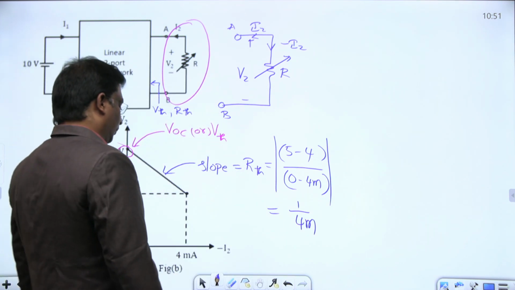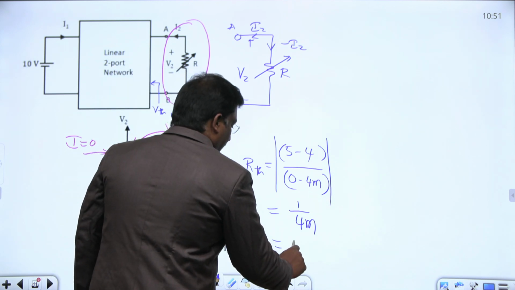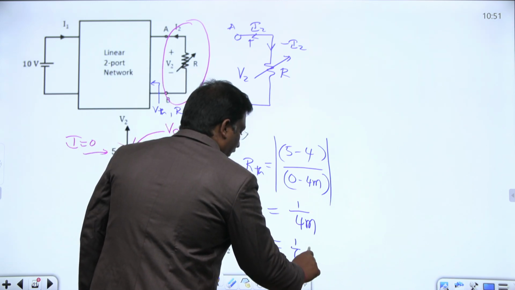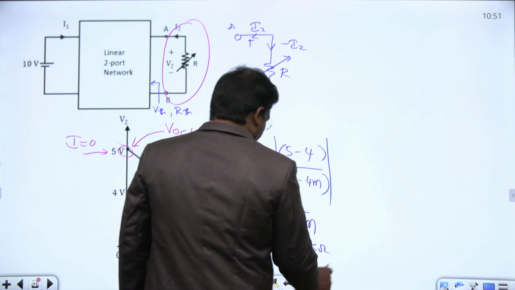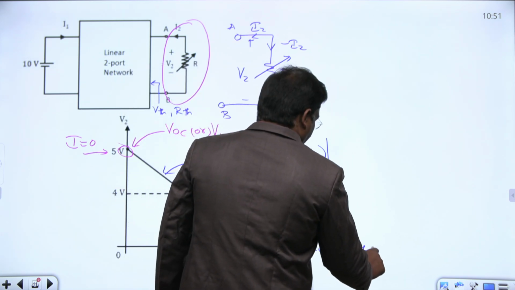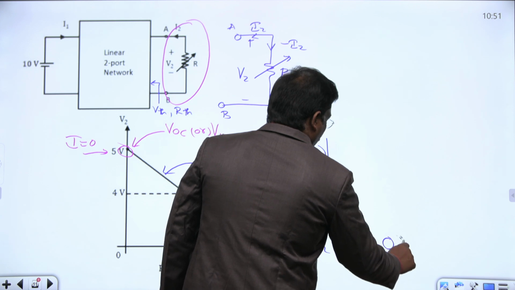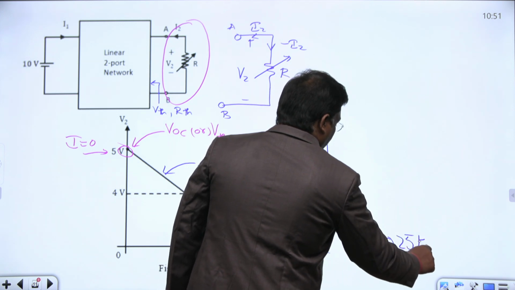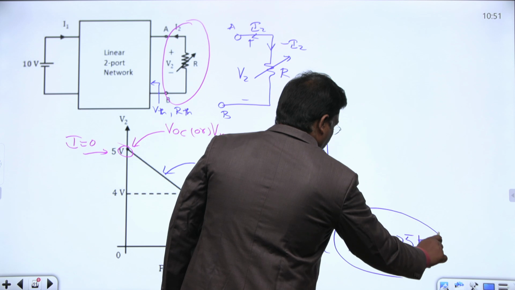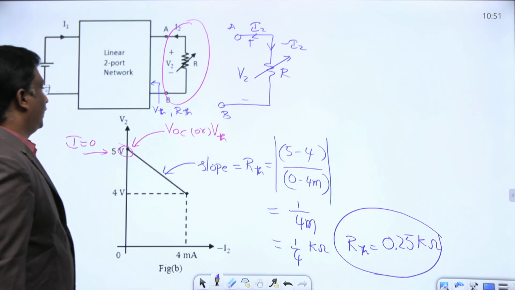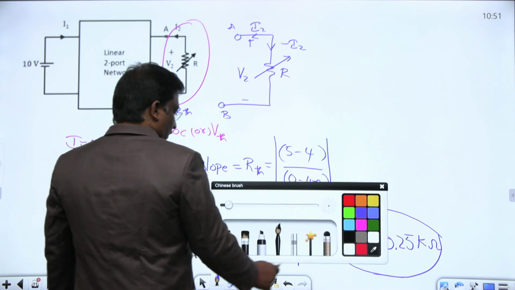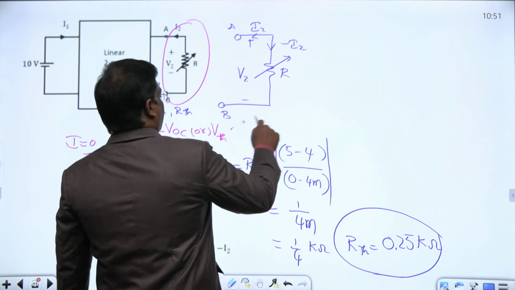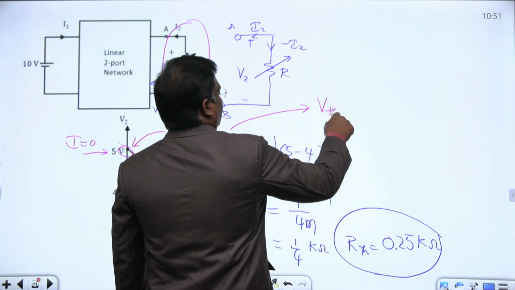The denominator milli goes to the numerator and becomes kilo, so this is 0.25. That implies RTH for the given network equals 0.25 kilo ohms. VTH for the given network is nothing but 5 volts.